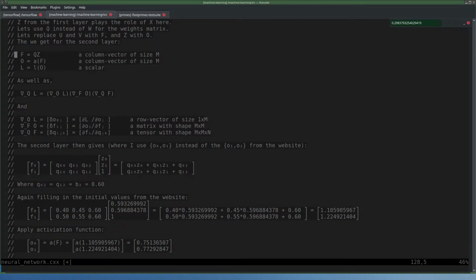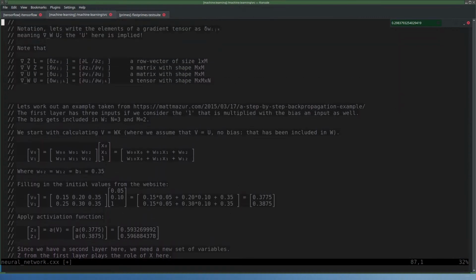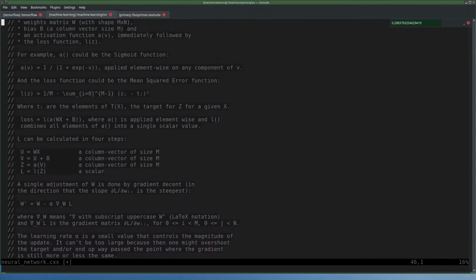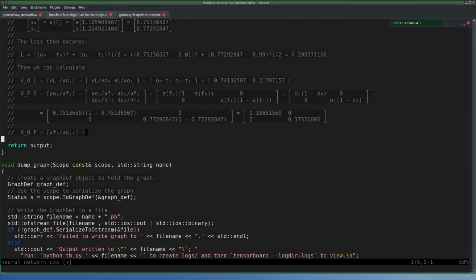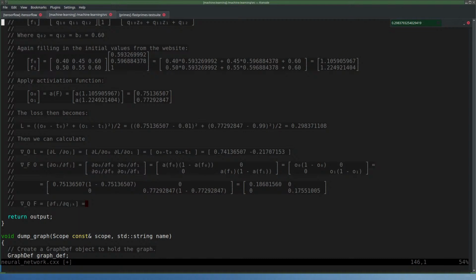Yeah, so F is a vector, Q is a matrix, and Z is a vector. You can write that out. Maybe I should do that. Probably should do that. And I already did it for W somewhere. It's at the bottom, I think. I deleted it. Nah, really? Deleted it. Right.